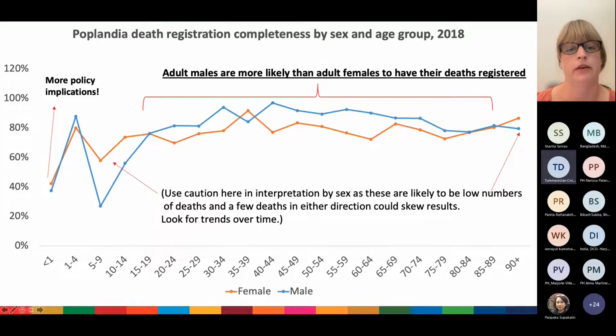But what we do see starting from adulthood, so around this 15 to 19 age group, all the way out, minus this little age group right there, we see the sex differential. So adults, males are more likely to be registered than females. And then I just put a little note here. We have to be a little bit cautious about some of our age groups. Fortunately, 5 to 9-year-olds and 10 to 14-year-olds usually have the lowest mortality worldwide.